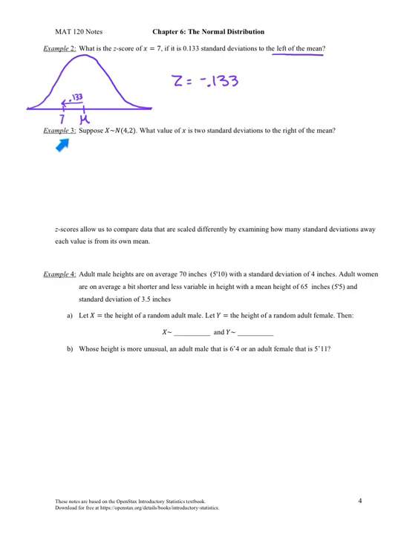Taking a look at example 3. Suppose we have our normal distribution with a mean of 4 and a standard deviation of 2. What value of x is 2 standard deviations to the right of the mean? If we have a value that is 2 standard deviations to the right of the mean, that's telling us we have a z-score of positive 2, positive because it's to the right or above the mean.